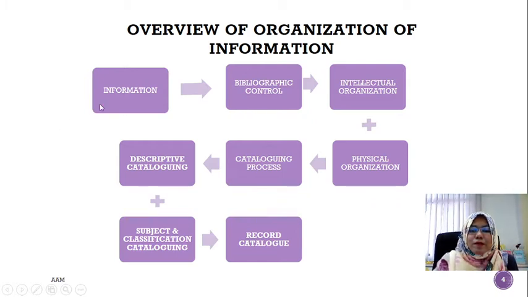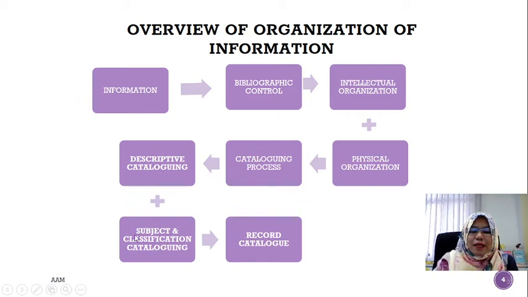Starting with information, we go to bibliographic control. That's why last semester you were taught about bibliographic control. Then we move to intellectual organization plus physical organization, which we are going to cover this semester. Then we move to the cataloging process. Next semester, you will be taught descriptive cataloging.